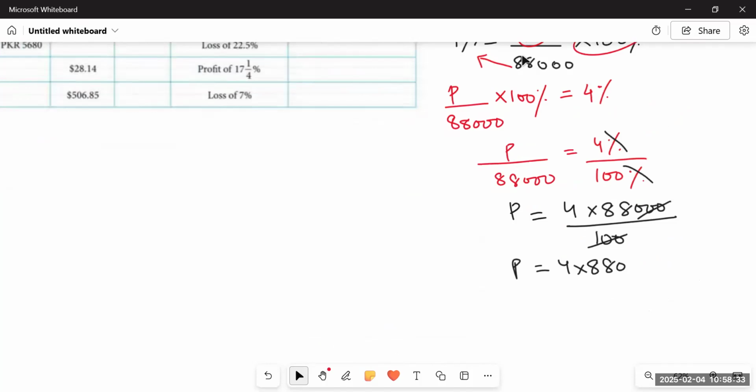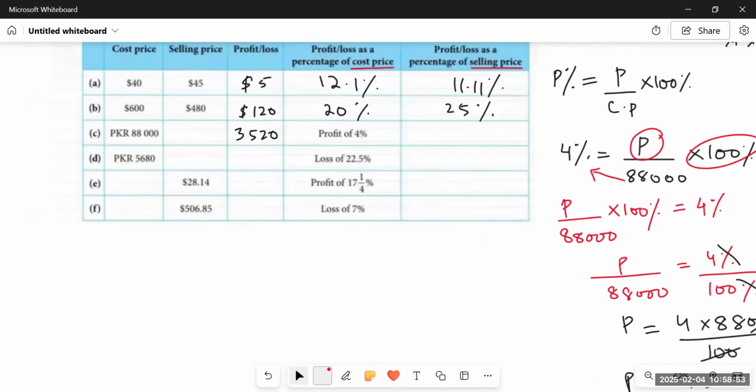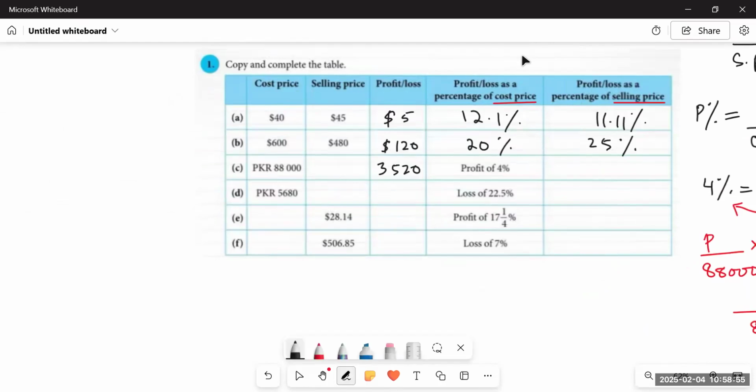What we did, we simply used the formula of profit percentage as cost price, which gave us the profit. And here we have got the profit. After we have got the profit, we have already been provided with the cost price. So now we can calculate the selling price, because we know profit is equal to selling price minus cost price, means selling price is equal to profit plus cost price.